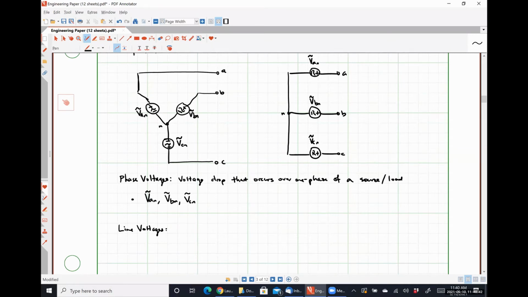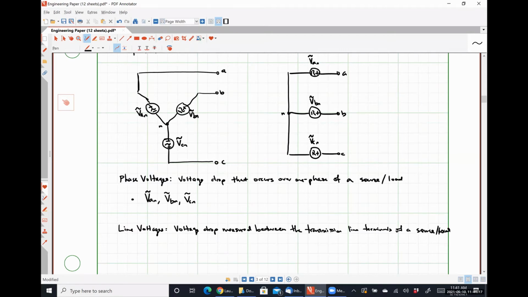And a line voltage is simply the voltage drop measured between the transmission line terminals of a source or load.